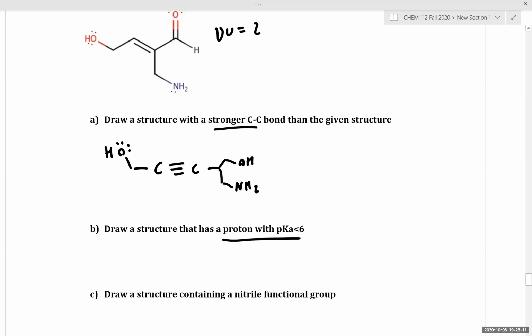If we want a structure with a proton with a pKa of less than 6, you can just simply draw a carboxylic acid.